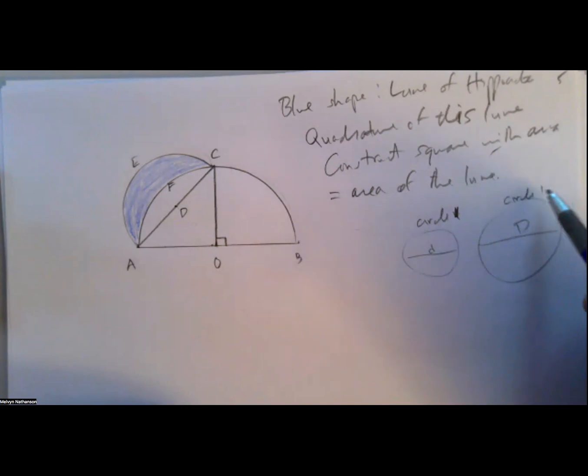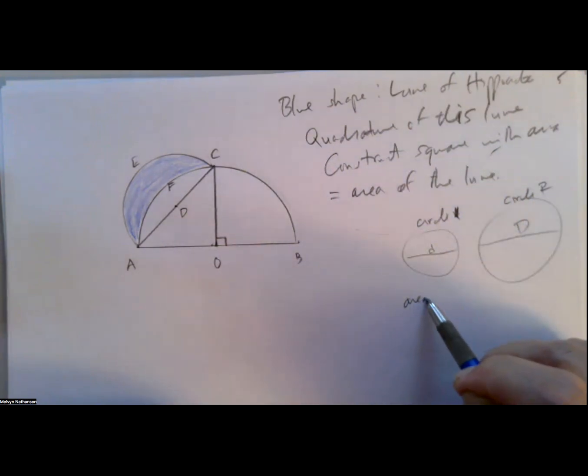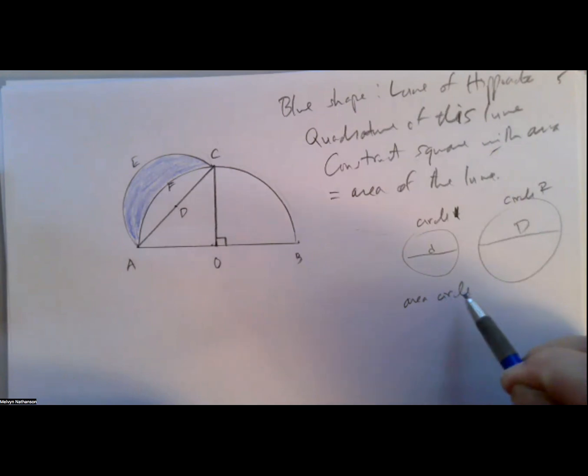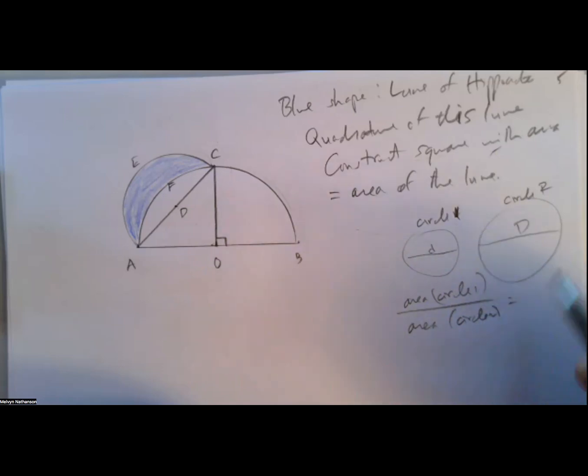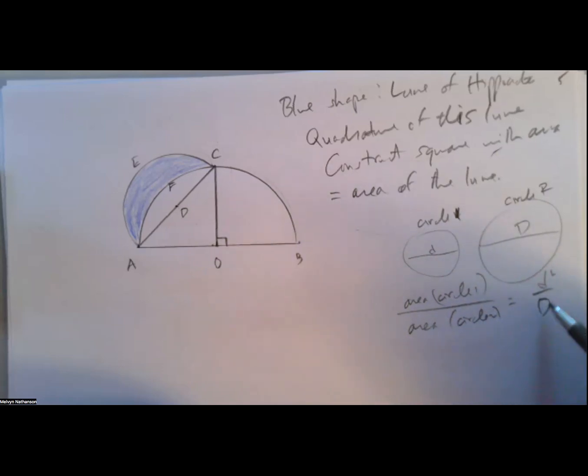So we call this circle 1 and circle 2. The area of circle 1 divided by the area of circle 2 is like d squared over capital D squared. It's the ratio of their areas.